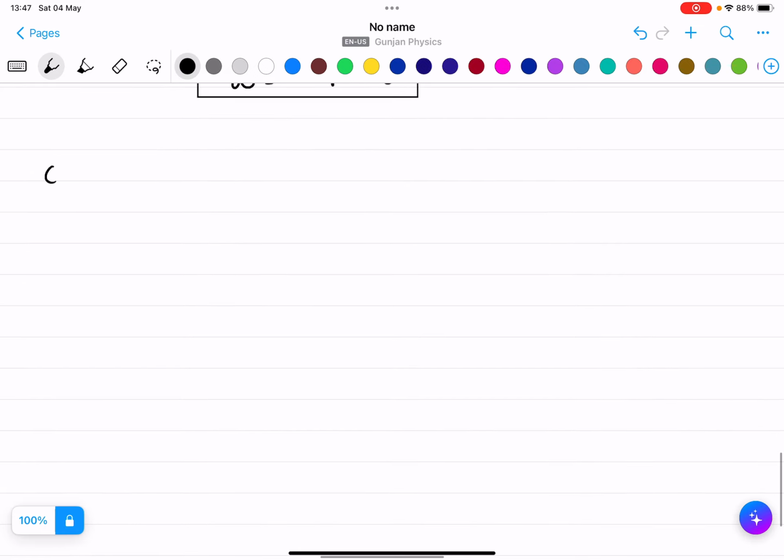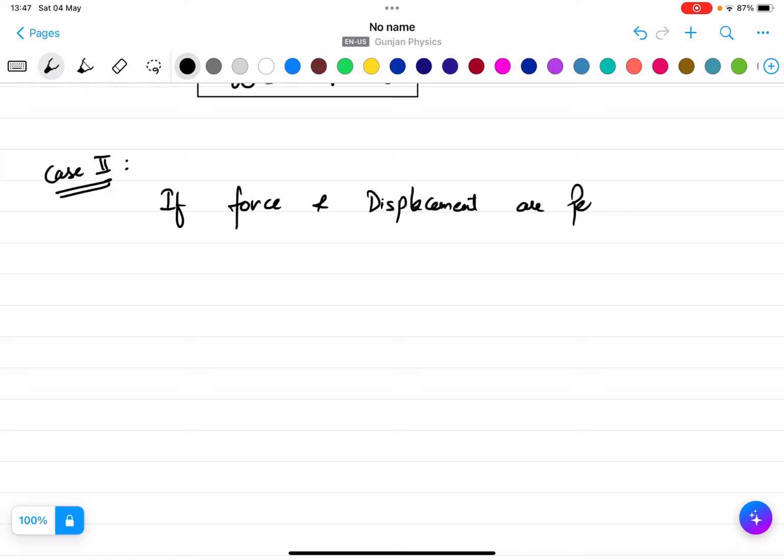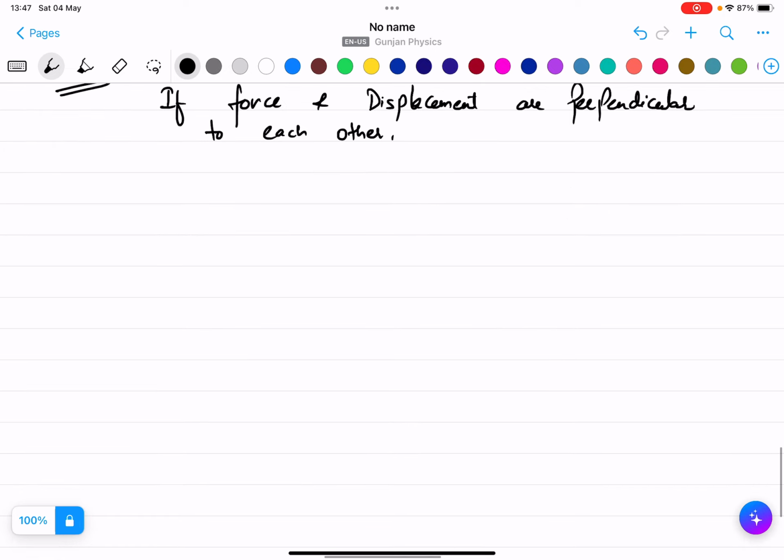Now case number 2: if force and displacement are perpendicular to each other. Again I am creating a figure here. It is an object, with force in this direction and displacement in this direction.